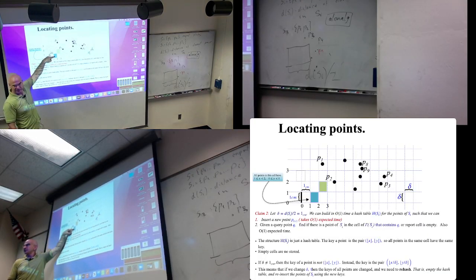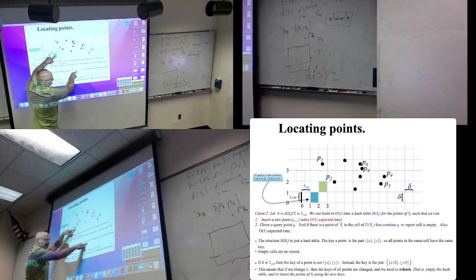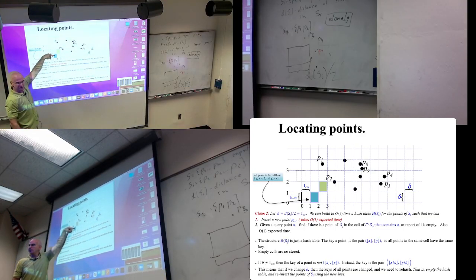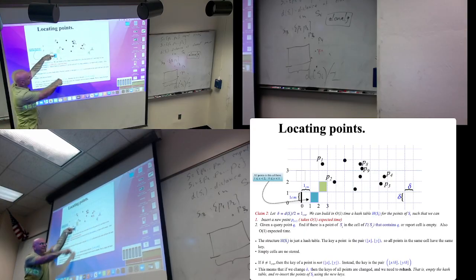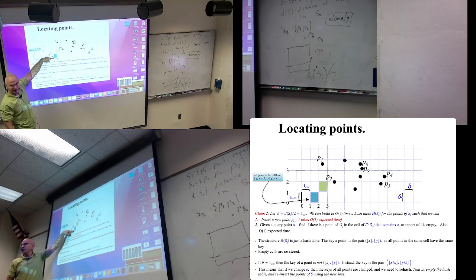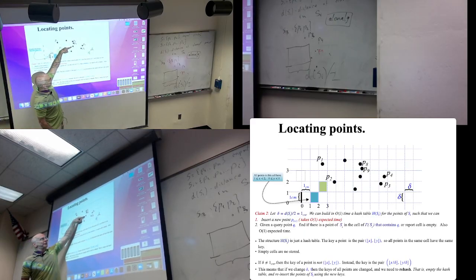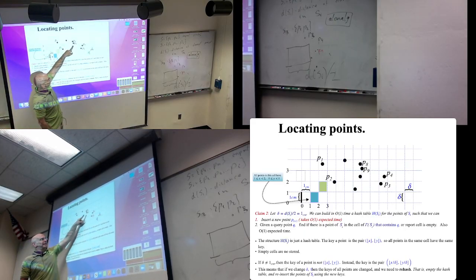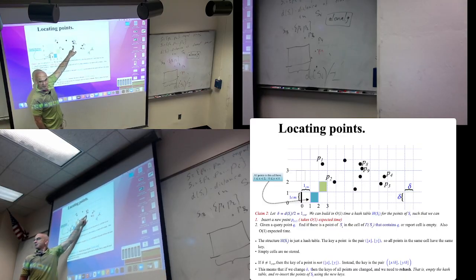I'll just compute the key of the location of my finger and perform find in the hash table. The moment that I'm doing the floor is taking my finger and bringing it to the lower left corner of the cell. And now I have the index of the cell, and I'm performing find in constant time in the hash table, and it says this blue one is empty. If my query point is right here, then I'll get that this point is in the same cell.